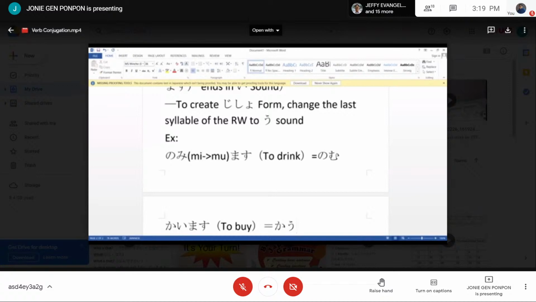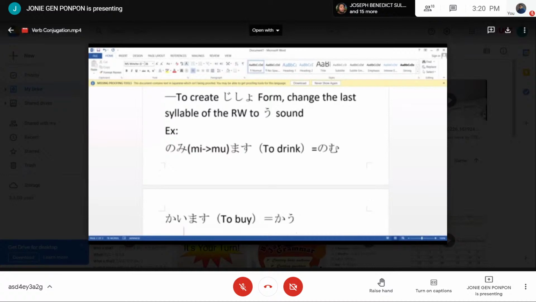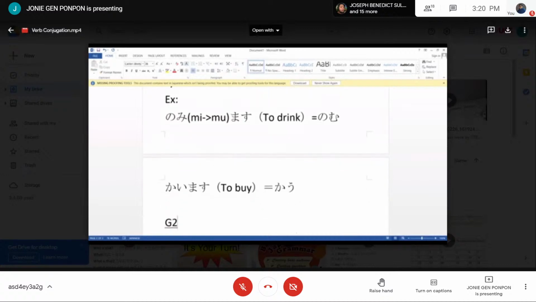Okay, so that's how you convert group 1 verbs from their masu form to their jisho form. Okay, so if I want you to convert the masu form of the verb to jisho form, that's how you create the jisho form of that verb. Okay, that is for the group 1 verbs. Now, let's go to the group 2 verbs.